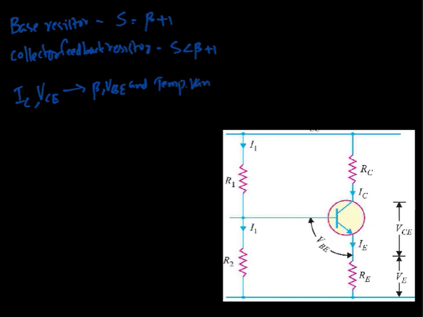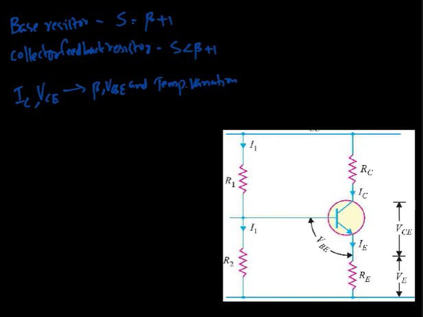So we have to design a circuit which provides a constant zero signal collector current and collector emitter voltage, independent of the variations in beta or the current amplification of the transistor, the base emitter voltage, that is replacement of the transistor, and temperature variations in the circuit.